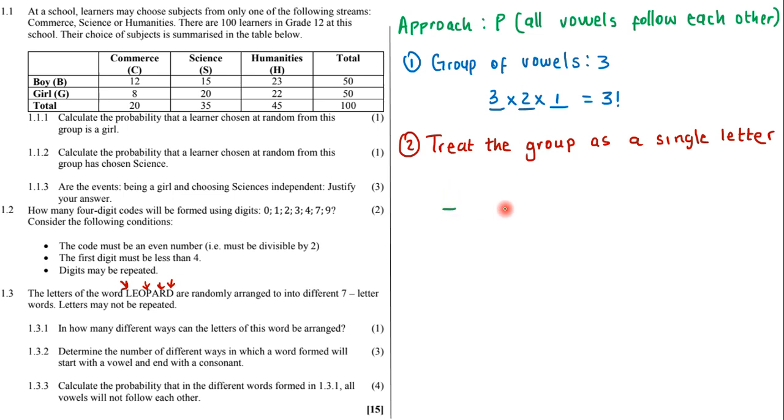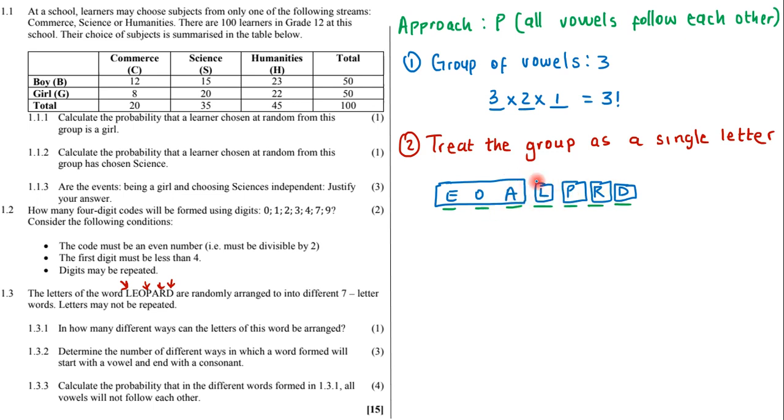So in our seven letters, it will look like this: we'll have a word that says E O A. Now notice that this is a group, and then from there, it will arrange L, P, R, D. But these vowels act as a single letter. So that is what I mean by saying you're going to treat the group as a single letter.